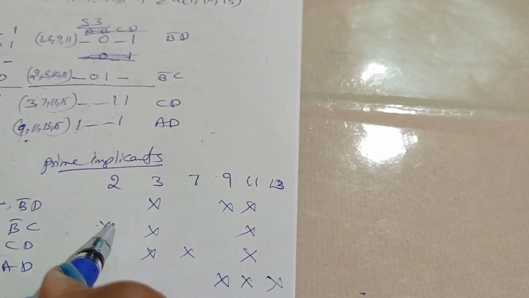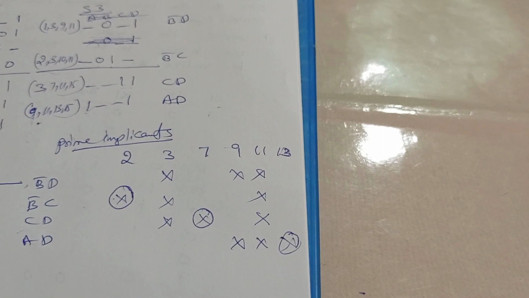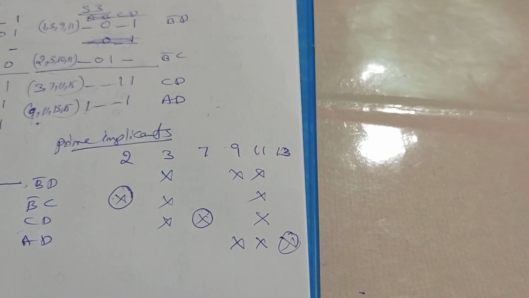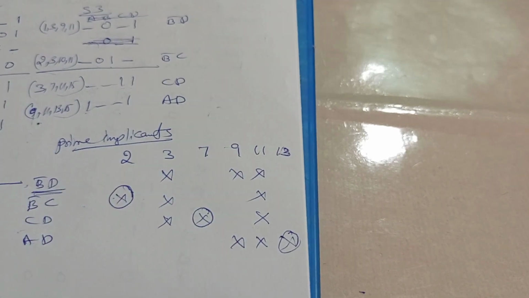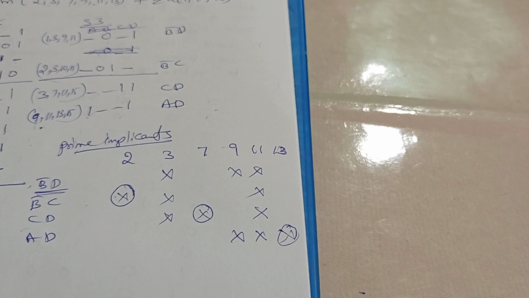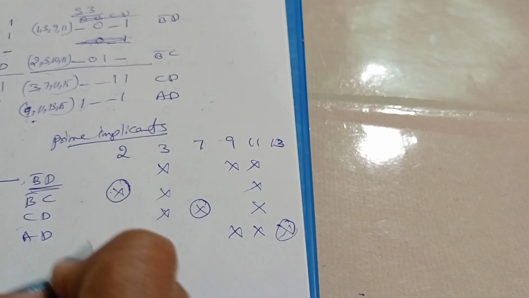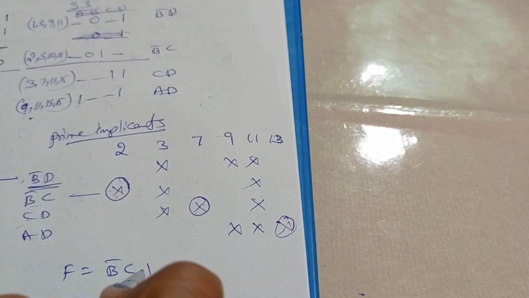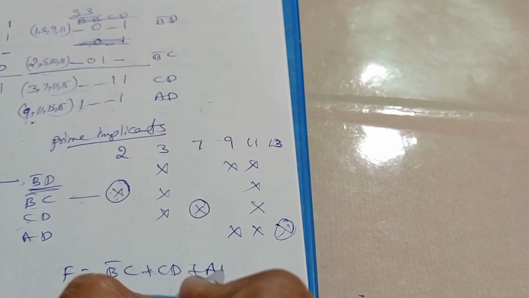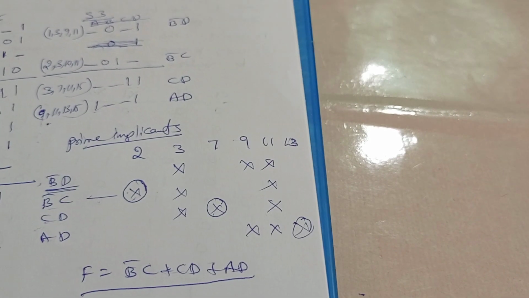Now, if suppose it is repeated only one time, please consider that as an essential prime implicant, and remaining is left like that. That is B bar. Final F is equal to B bar C plus CD plus AD. This is the final simplified F.